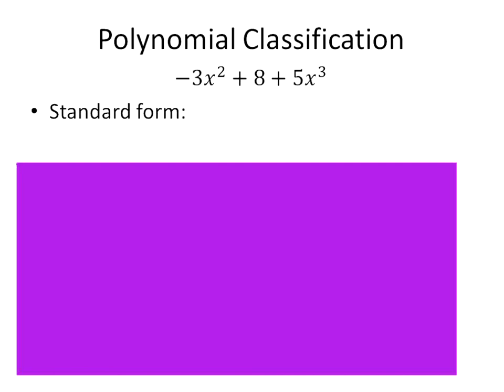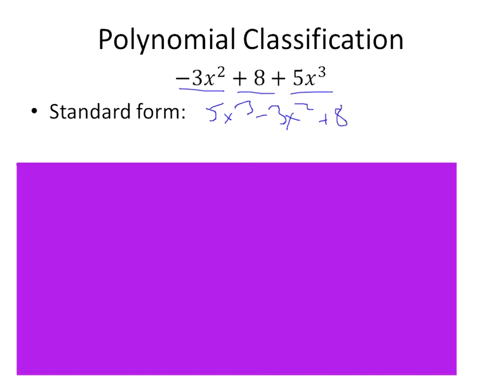So here's our polynomial, and it's asking us to put it in standard form. So for doing that, this is the highest degree, so I'm going to have 5x to the 3rd. This is the next highest one, so I'm going to put negative or subtract 3x squared. And this is the last one.